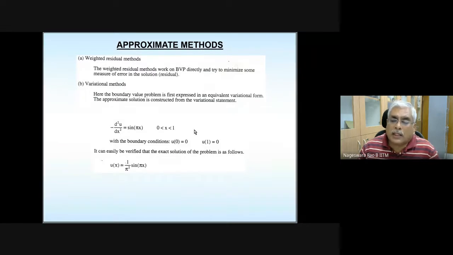So all that checking and getting confidence in these methods, we will try to do that exercise using this simple problem.